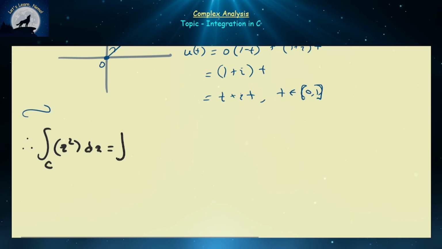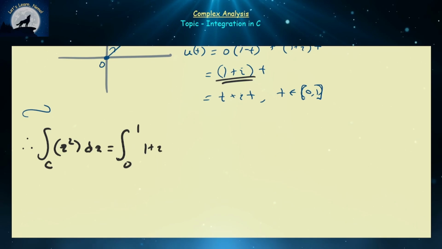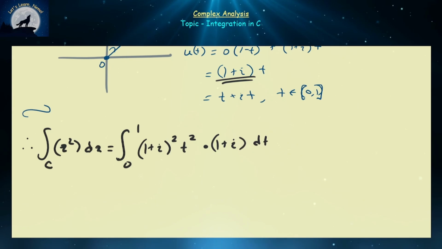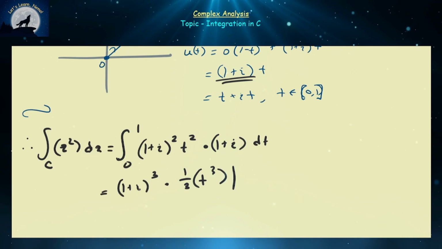So this will be equal to the integral from 0 to 1, our boundaries of t, of z squared, so it's the parametrization of z, which is ((1 plus i) t) squared, times the derivative of this parametrization, which is just 1 plus i, and then dt. So that's going to be equal to (1 plus i) to the power of 3 times 1/3 t cubed, where t ranges from 0 to 1, evaluated from 1 to 0 and subtracted.